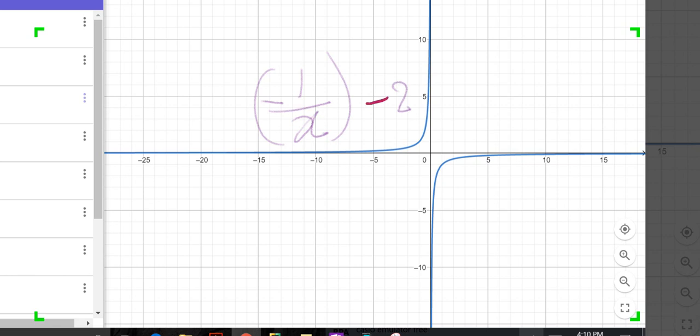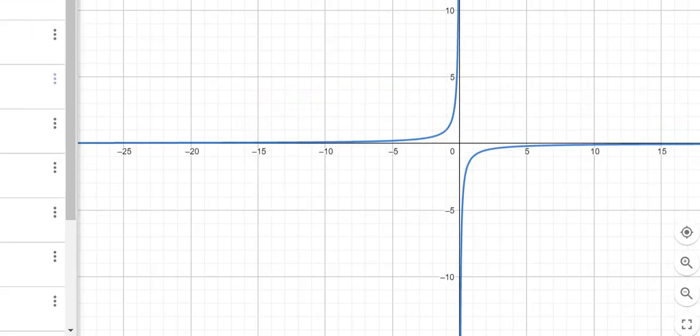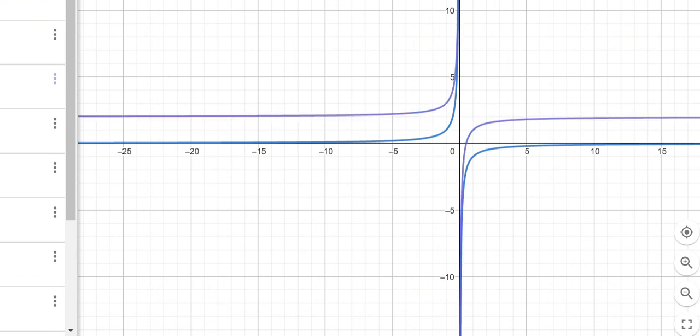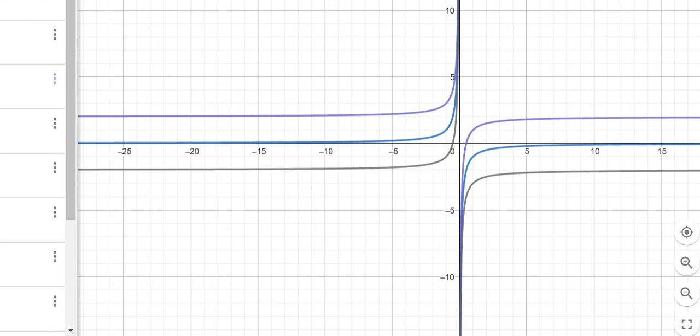So this part, -1/x, gives me the shape of the function, but the plus or -2 will tell me if I'm moving up or down. So in this case, if I use +2, it goes up. If I use -2, it goes down from my original blue. Okay.